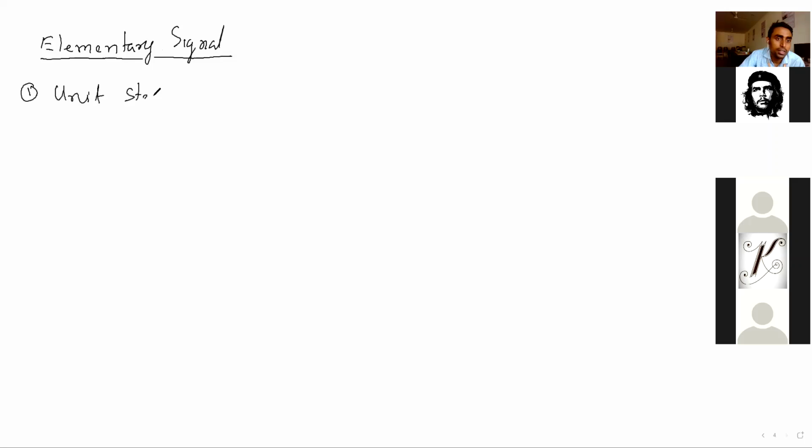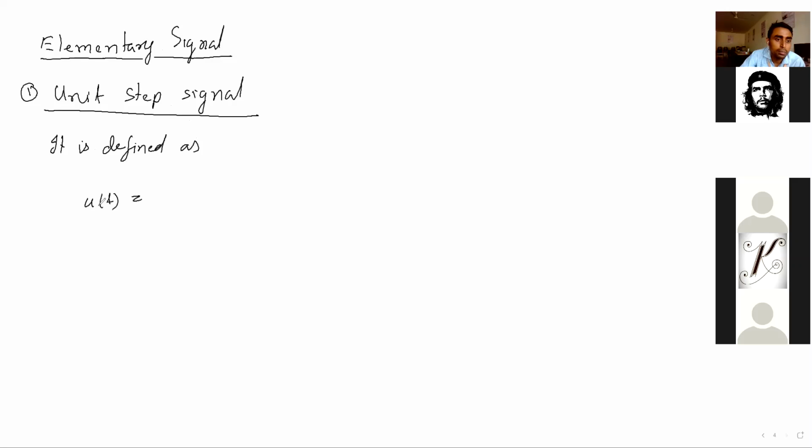the unit step signal. This is the first kind of signal.